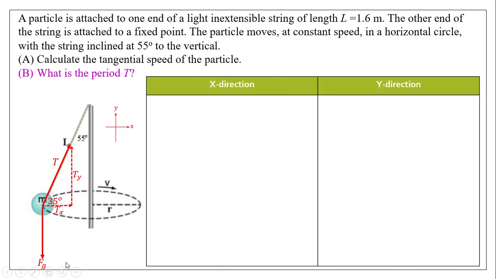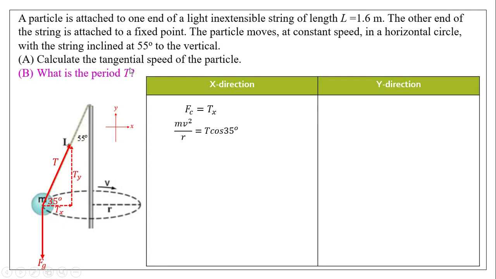All right. So I want to set up my x and y information, because these types of systems are for the most part designed so that you have to substitute. Here, I'm just going to say Fc is equal to Tx. The only thing that's pointing towards the center of this particular conical system is Tx, which is your centripetal force. I can break centripetal force down to mv squared over r.